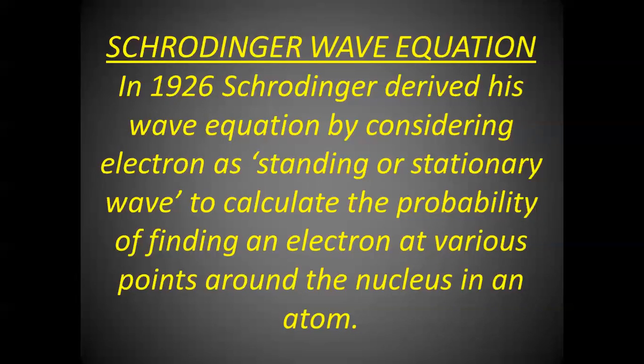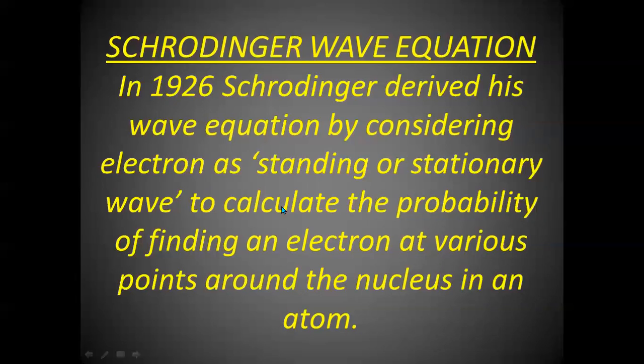Now, the problem is to find the electron. Where to find it? Why? Because it is a fast moving body. Then we can say there is probability. Not exactly, the position is not known to us. The position of the electron is not known to us.